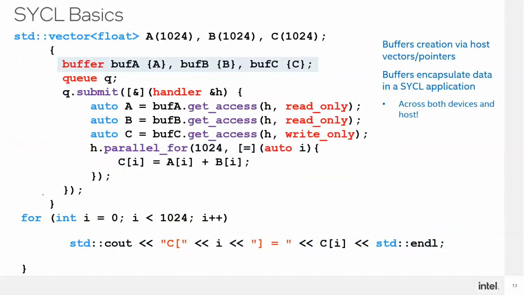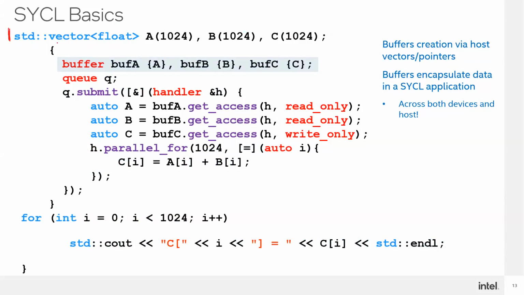So since we need to pass our data back and forth between the host and the accelerator, obviously, if we do have some data, I skipped the initialization of this data, but it's clear. So this is some data on the host side, right? And we want to do some calculations on the accelerator with these vectors on the device. So what we need to do is to wrap it somehow, right?